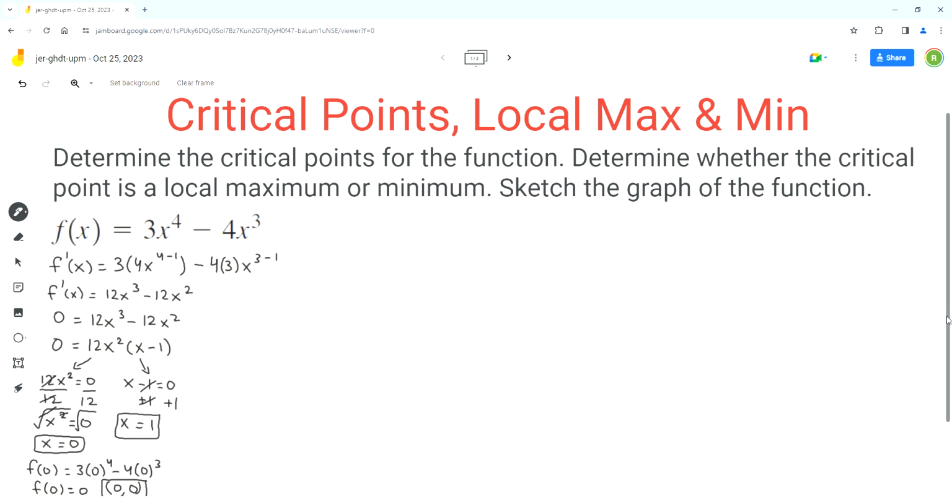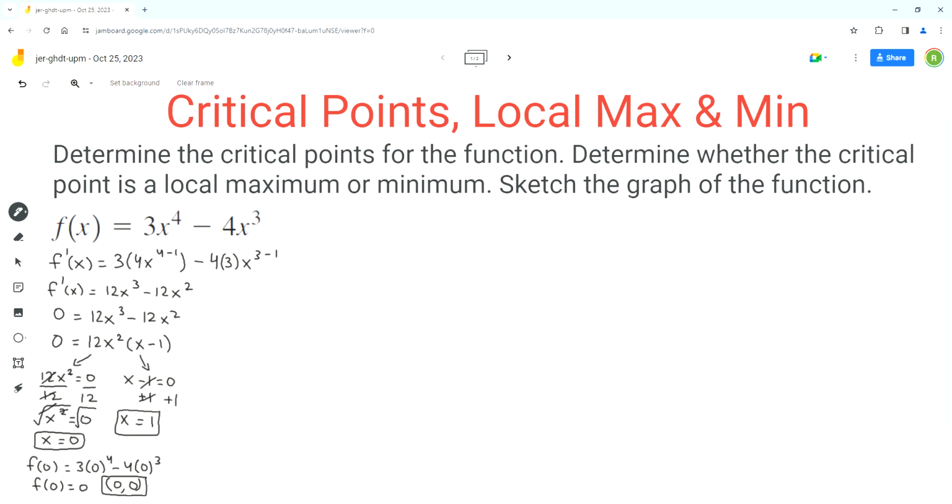Now we can analyze the second critical number, which is x equals 1. We should substitute x as 1 in the given function. So f(1) equals 3 times 1^4 minus 4 times 1^3. So 1^4 is 1, so 3 times 1 is 3, then minus, 1^3 is 1 and 4 times 1 is 4.